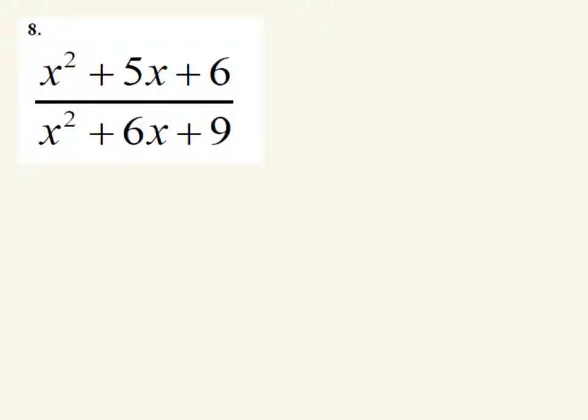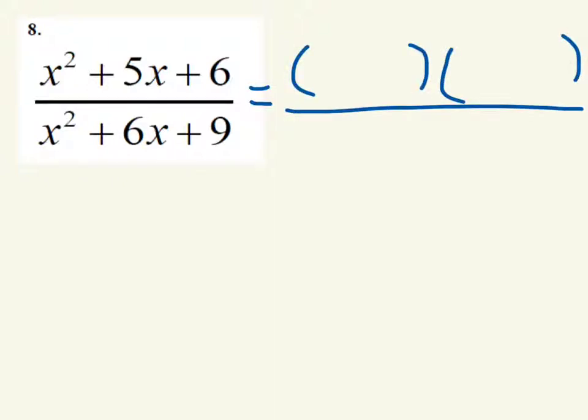Number 8. Now we have a rational expression that has a trinomial in the numerator and a trinomial in the denominator. Let's factor. Now I have a leading coefficient that is 1, so I know the only way I can factor the front terms are x and x. Then let's factor based on looking at factors of 6 that get me a sum of 5.